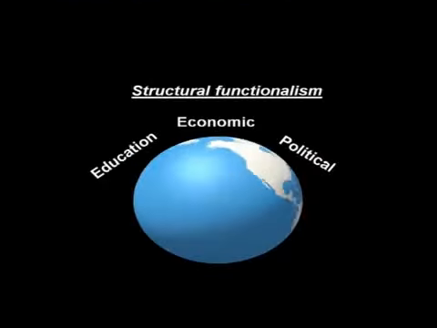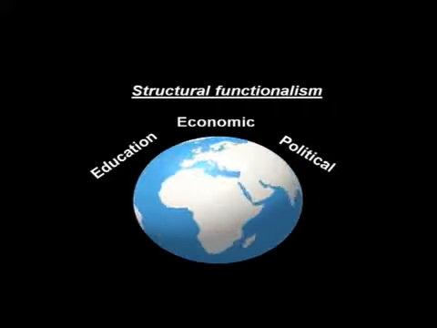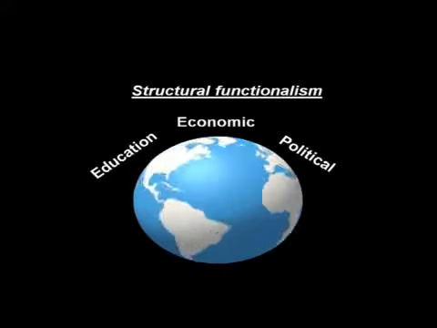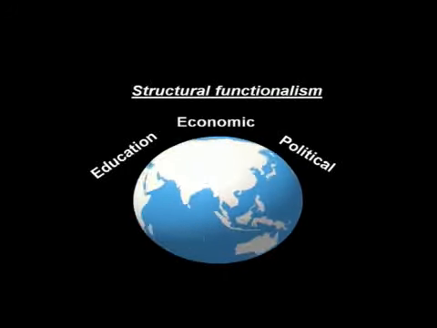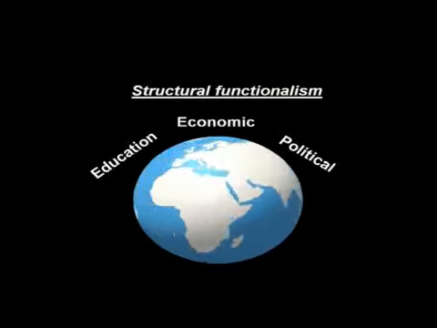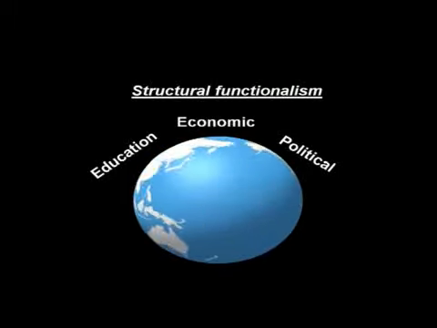For example, we have the educational subsystem, the economic subsystem, and the political subsystem. Just by looking at it, we feel that each system is functioning on its own, but actually it is not so. The educational system has to depend on the economic system.